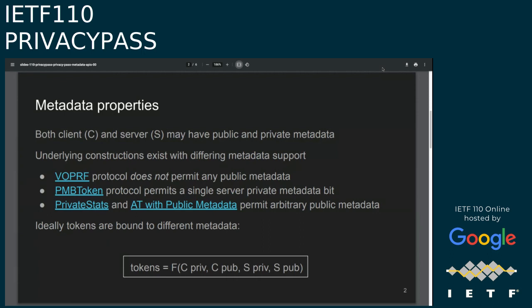I think ideally, from an API perspective, we would like the ability to accommodate all variants of metadata, provided that the underlying cryptographic construction supports it, and then applications would constrain exactly how much metadata is possible.